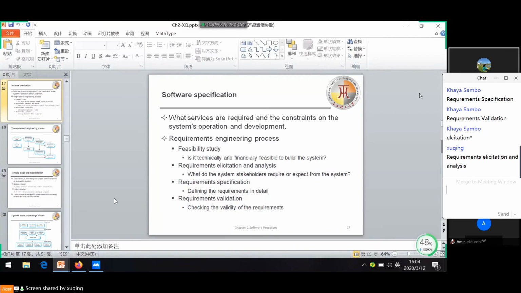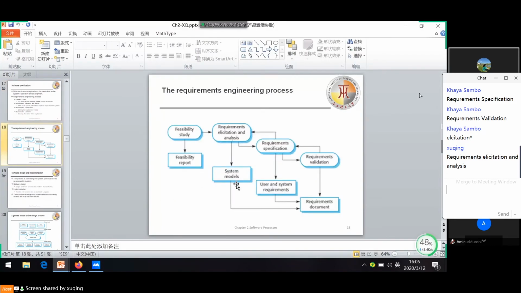We also had our figure to show the relationship between these activities. We saw that we can consider these activities as sequential processes, but among them we also have some interaction.